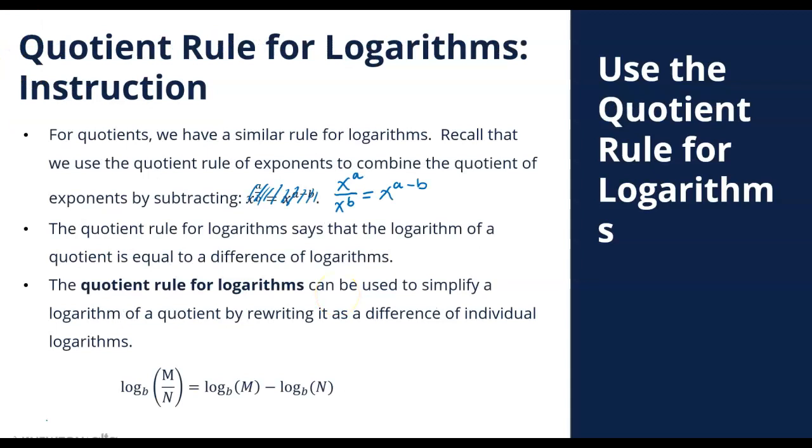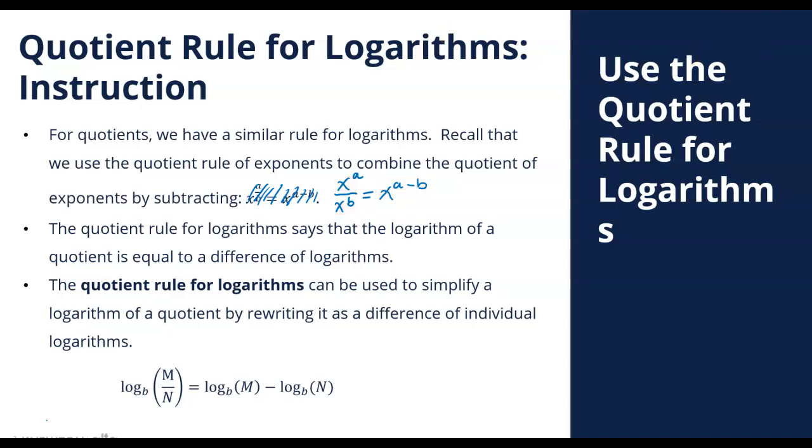For quotient rule for logarithms, we recall the quotient rule of exponents. So if you recall, x to the a over x to the b is equal to x to the a minus b. So if we are dividing exponential expressions with the same base, we just copy the base, the common base, and subtract the exponents. Now we can use that same principle for logarithms.